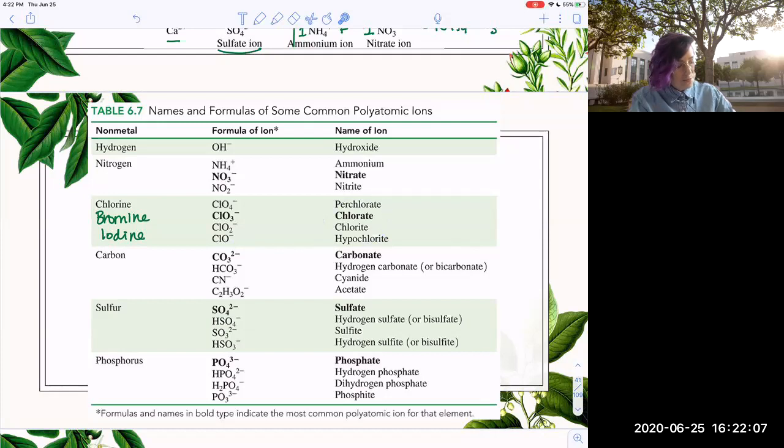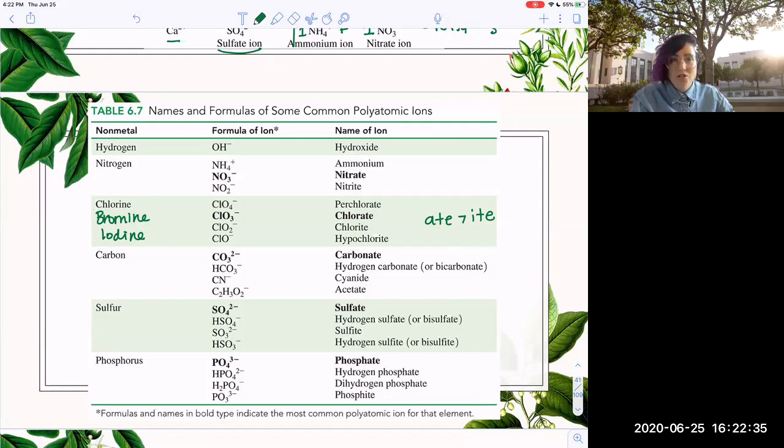So the series is chlorate, perchlorate, chlorite, and hypochlorite. So let's think about what some of these parts of the words mean. First, your -ate is greater than your -ite. -ate doesn't always mean 3 or 4. -ate just means more than -ite, meaning it has more oxygen than -ite. Then what comes above your -ate?